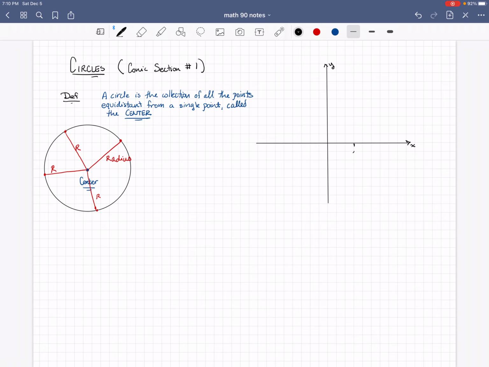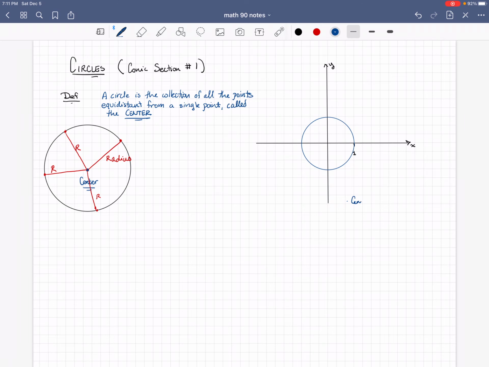I'm going to say that 3 squares make 1. And now I'm going to draw a circle here whose center is the origin and whose radius is 1. And I'm going to write that here.